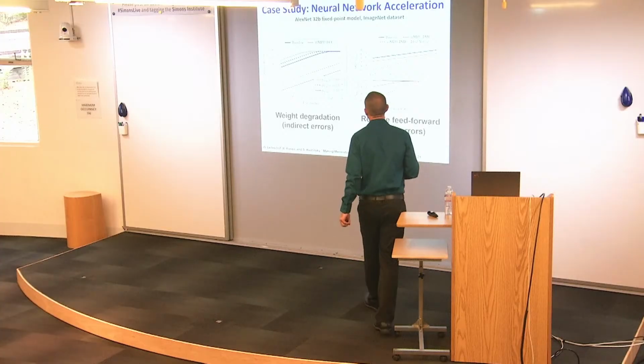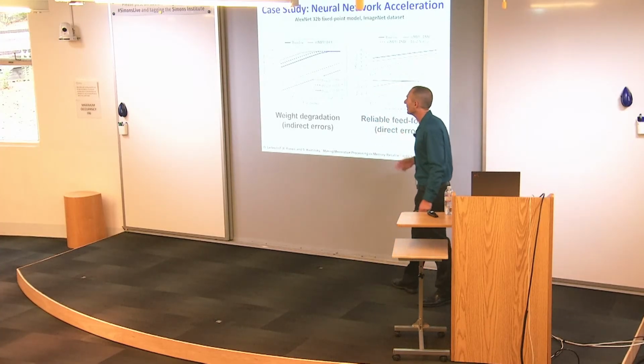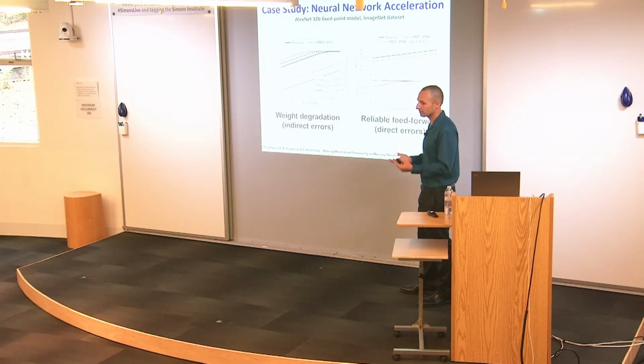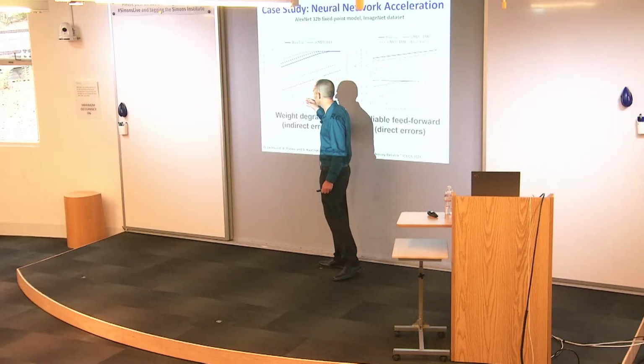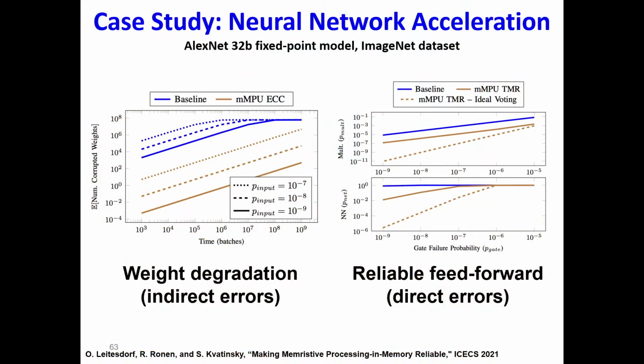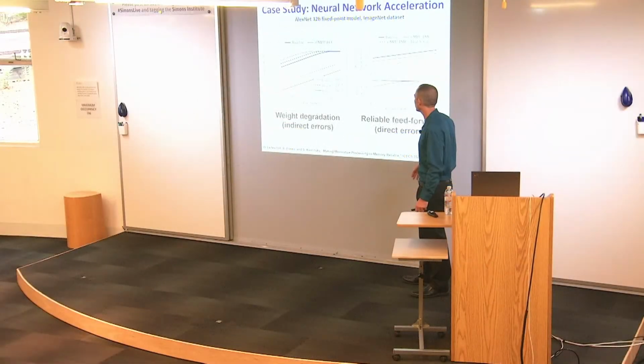And in order to evaluate that, we took a neural network just to have a benchmark. And we measured how much we improve, assuming that we have some probability for errors. Those are different probabilities for errors. And we measured across time for indirect errors and for different numbers of operations for direct errors.